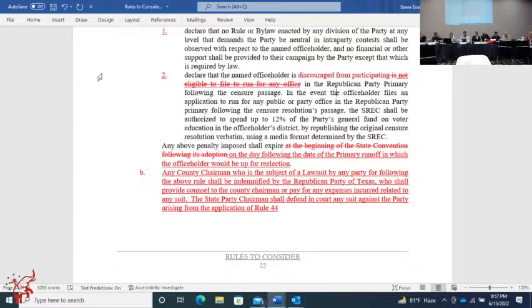So the language we had finally hammered out after all these years said that an office holder can discourage someone from participating in affairs. As my counterpart here, who's the county chair, said, you can't sue me for discouraging. But if you tell somebody they cannot file for office, now they've broken the law. I know we've had discussions about the election code, but I'm pretty sure that's a piece of the election code we cannot ignore. And so that's why I want to return that phrase to the original.